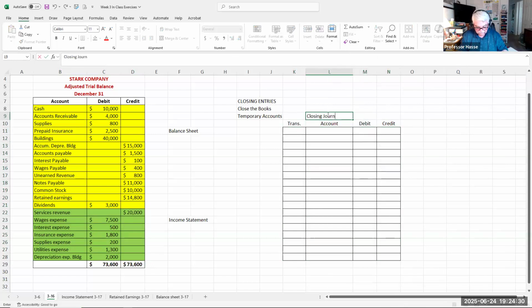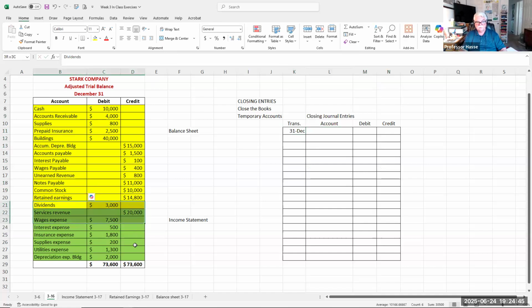Closing journal entries, all dated December 31. And what we do is now we go through, as I just said, we close these temporary accounts. How do you close an account? Well, if a revenue account has a credit balance of $20,000, to close revenue, you debit it $20,000.